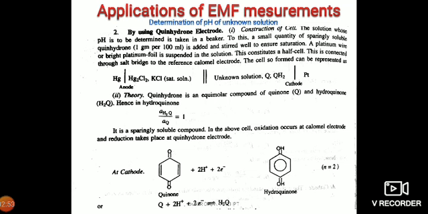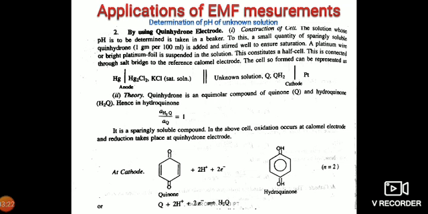In the above cell, oxidation occurs at the calomel electrode and reduction takes place at the quinhydrone electrode. Because the calomel electrode is taken at the anode, directly we can go for the reduction at the cathode, the quinhydrone electrode. So what is happening there? Quinone plus 2H+ plus 2 electrons gives H2Q. That is the reduction reaction taking place at the cathode.